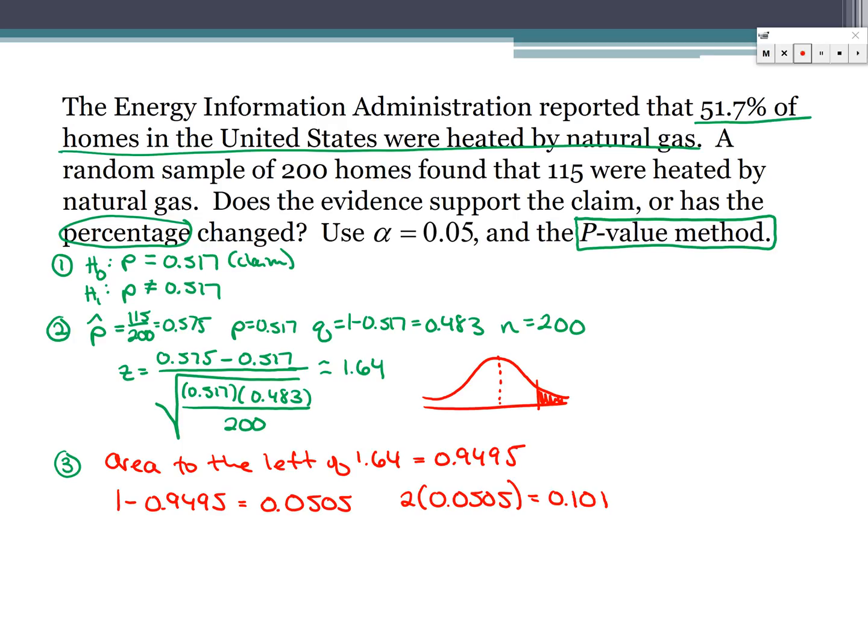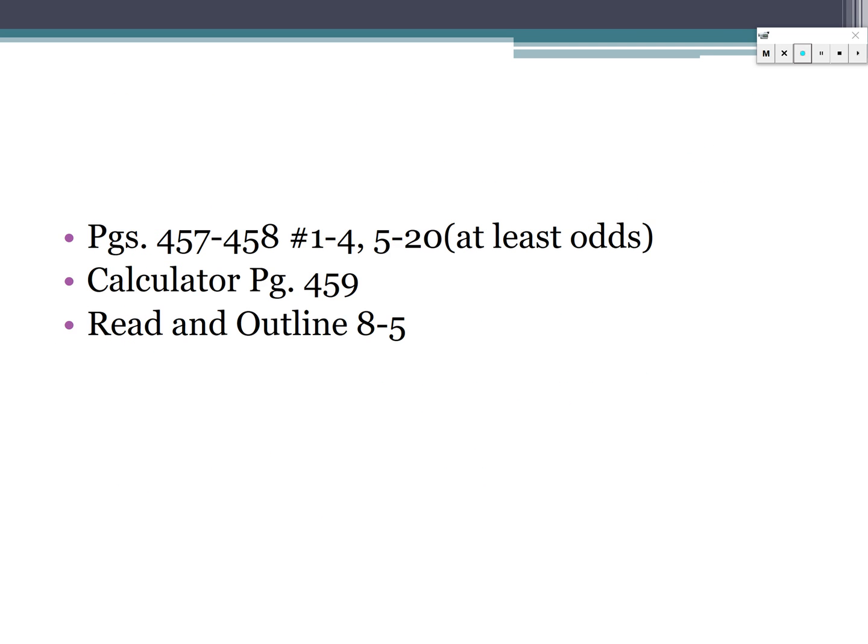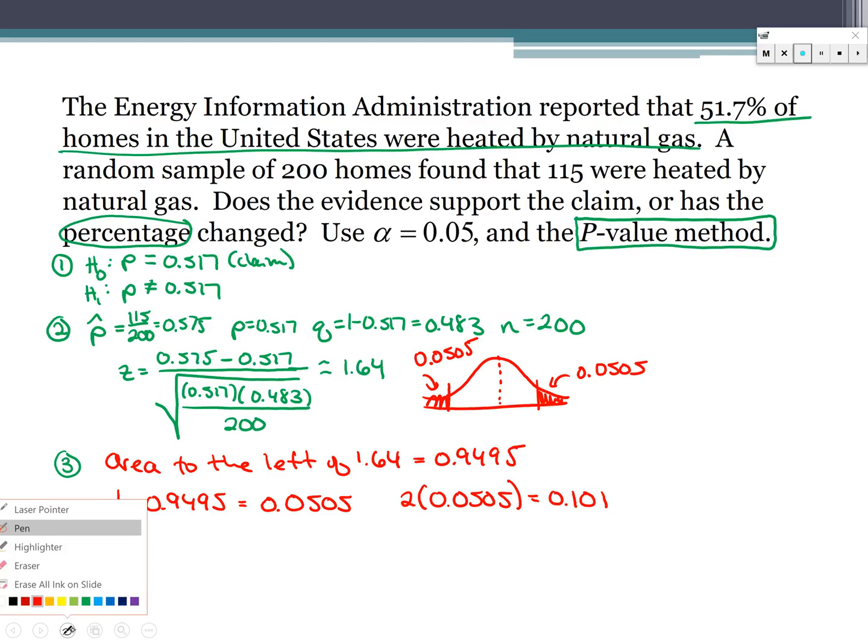So then to reject or not, I will show you guys the calculator stuff for this. So this area is 0.10. Sorry, it's two-tail, so I guess split it. All right, so then our alpha value, what was it? 0.05.